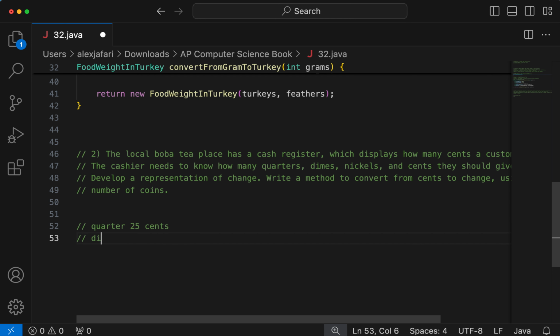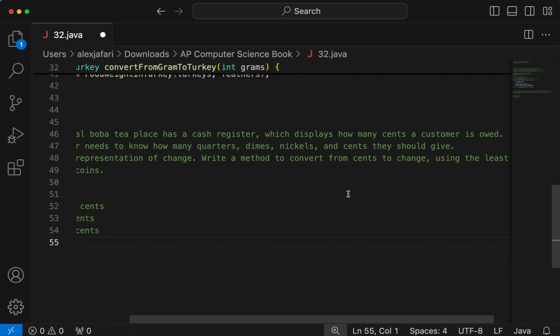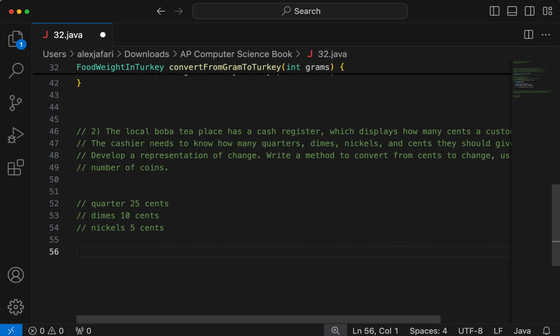Dimes are 10 cents, and nickels are 5 cents. And cents are obviously 1 cent. So let's go through an example. Let's say a customer is owed 135 cents.